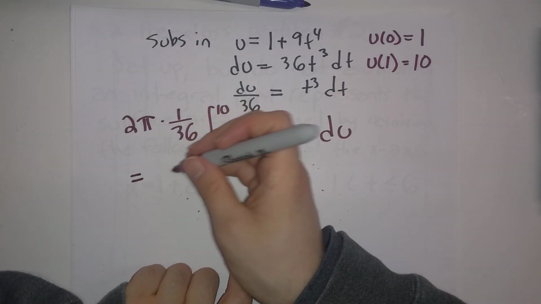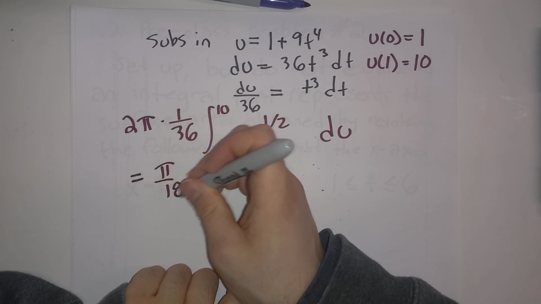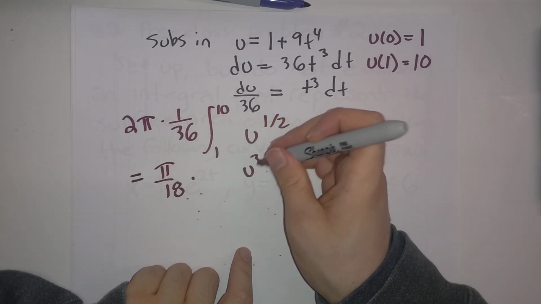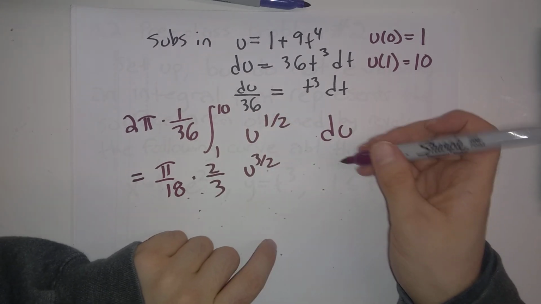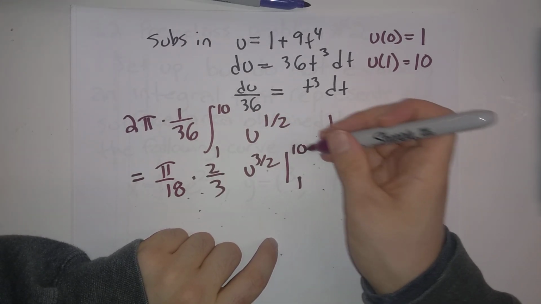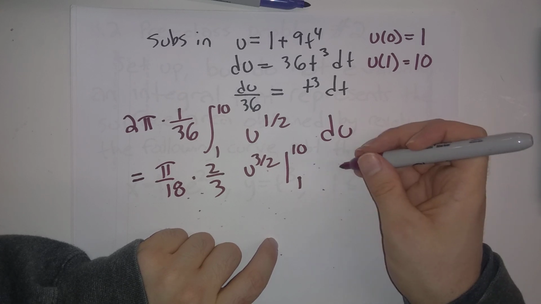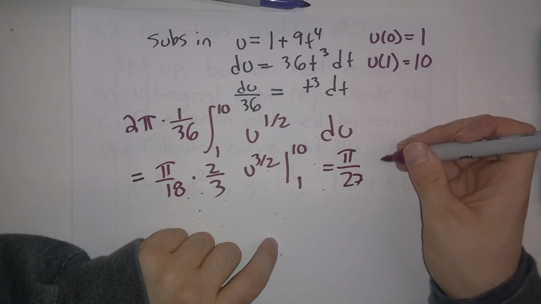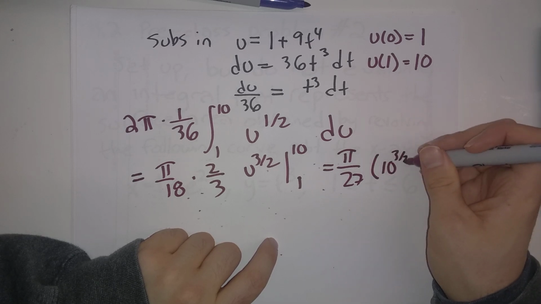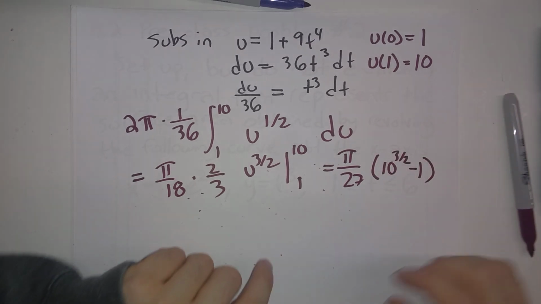Crunching all of this out, we get pi over 18 times u to the 3/2 divided by 3/2, multiplying by 2/3, plugging in 1 and 10, and after simplifying, you end up with pi over 27 times 10 to the 3/2 minus 1.